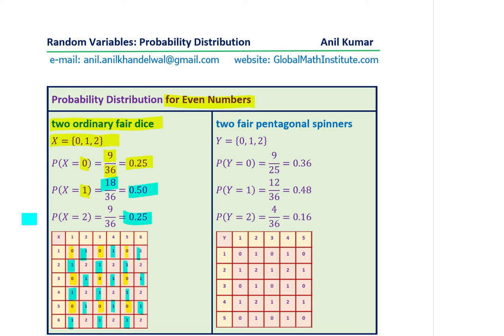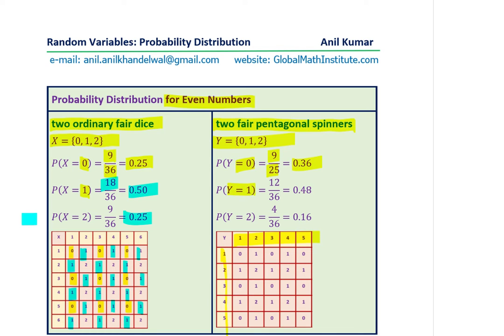Now let's look into the second case, which is when we spin two spinners which are pentagonal. So we know the number of even numbers could be 0, 1, or 2. Making the same table here, working out the values, we get for zero even numbers, total is 25 in this case, 9 out of 25, that gives you 0.36.